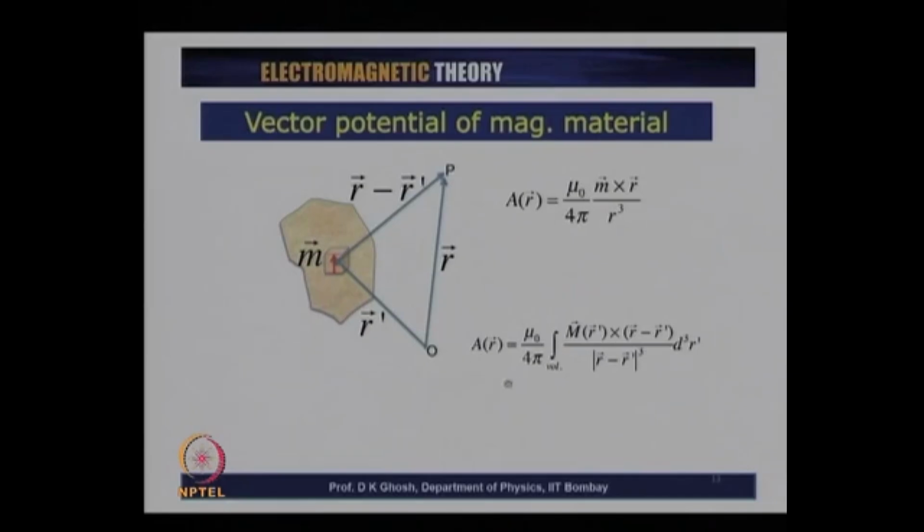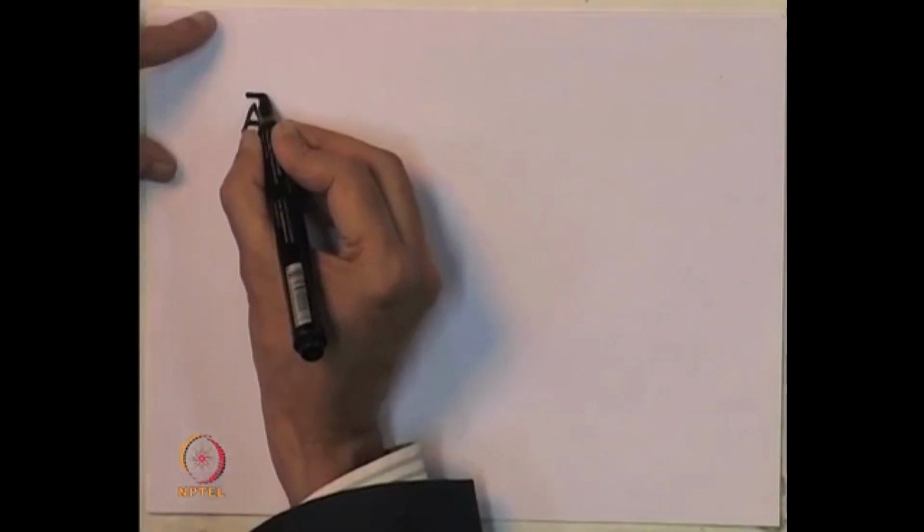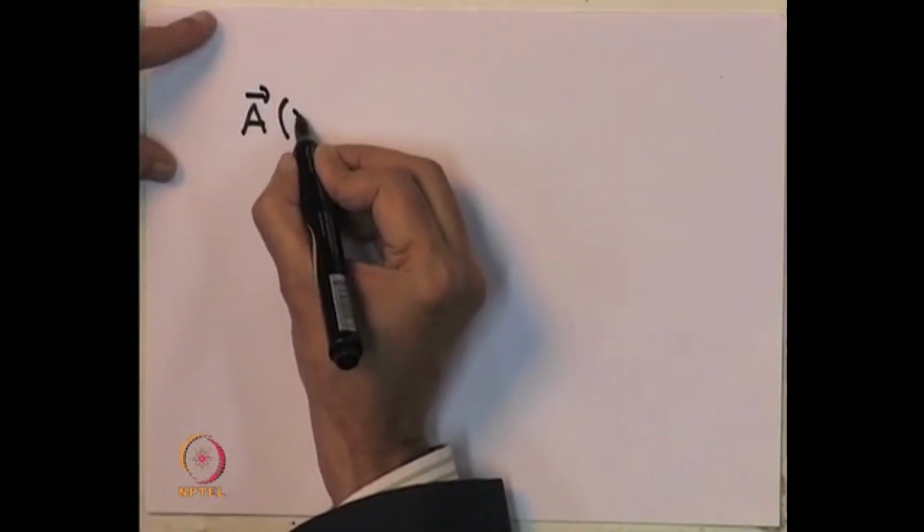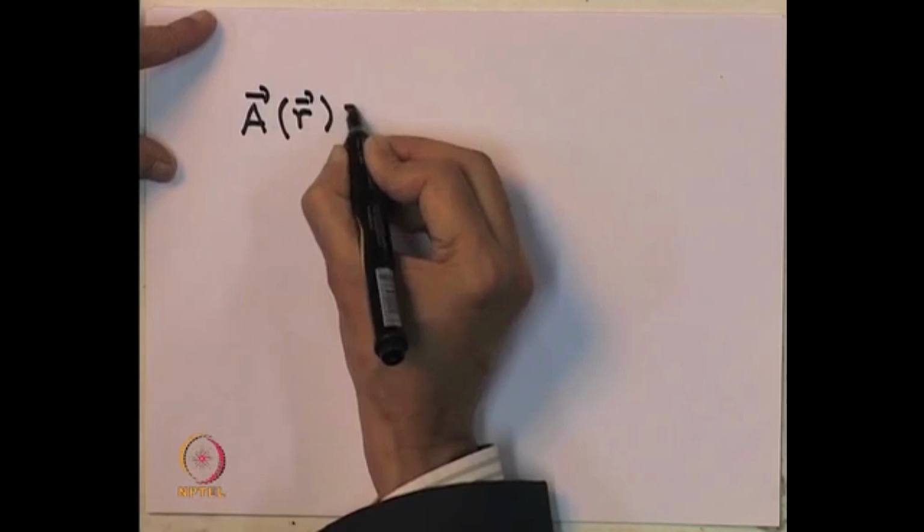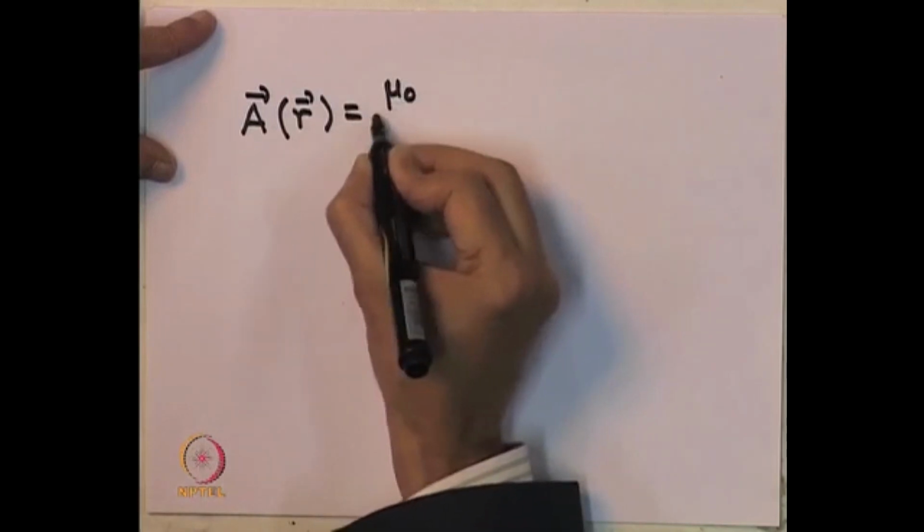So, A of r is given by: I take the location of the magnetic moment at r prime, and I am looking at the field at the point P. With respect to this position, it is at position r minus r prime. So, by simply summing over, I get the vector potential at the position r given by mu 0 by 4 pi.